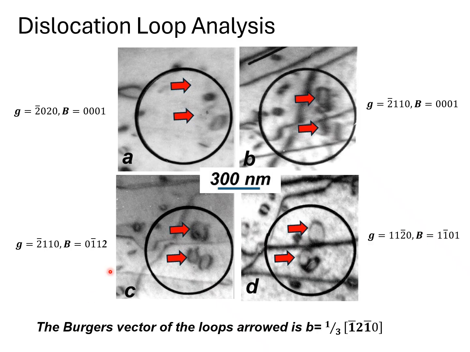Loop analysis. This is some loops in electron irradiated zirconium. It just shows how you would do loop analysis for a particular diffracting plane. These loops are not in contrast in this image, and I know that then that's a 1 bar 210 type of loop, because the dot product of the G vector, the diffracting vector, and the Burgers vector is 0.